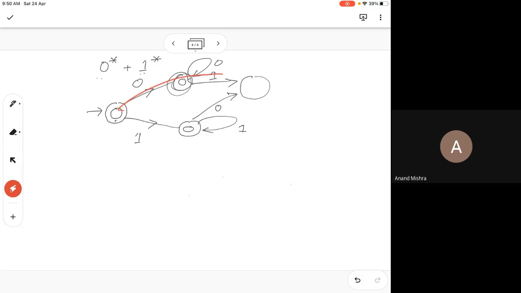Once you go, you read any number of zeros, or one or more ones. But if you read 0 1, that is not allowed and goes to the dead state. If you read 1 1 1 and then 0, that also goes to the dead state. So the answer is 4. This was the question.